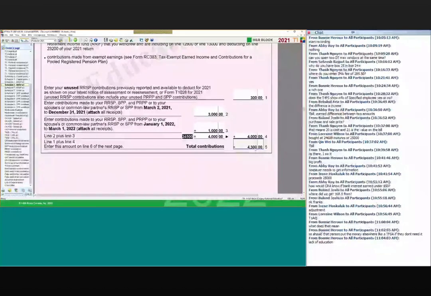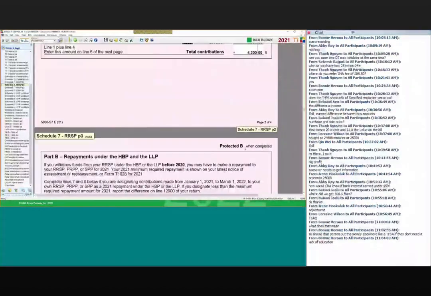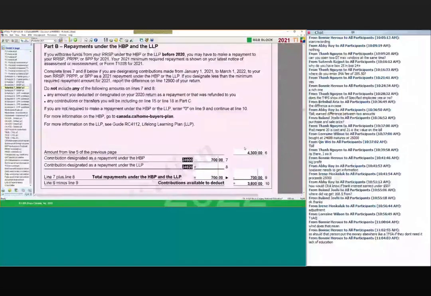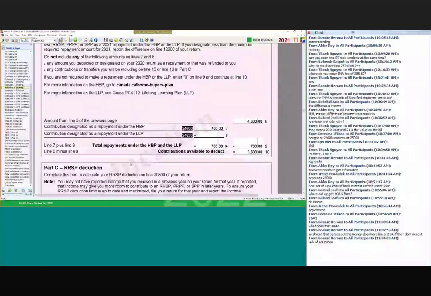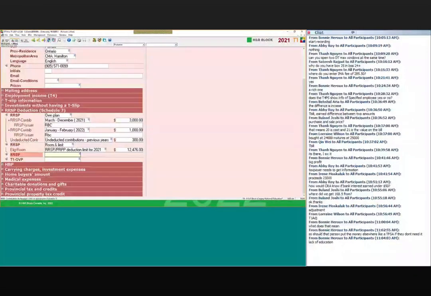Her total contributions are $4,300. She does have a home buyer plan, but we haven't done that yet. Let's just ignore that for a moment. I don't know why they're asking me to do this without doing the data entry. So I'm going to ignore that, and we'll do the next part and then go back.